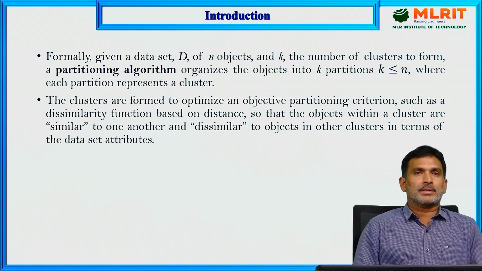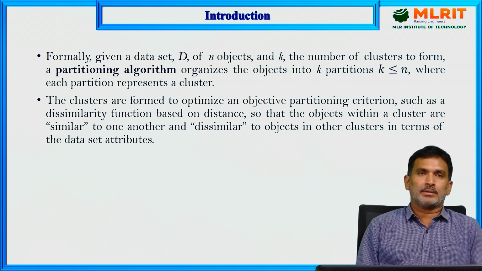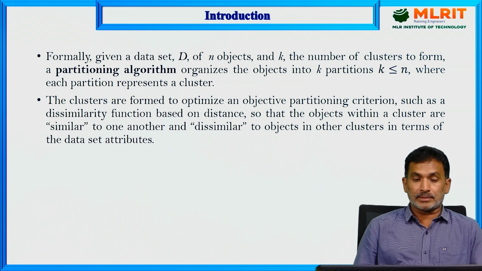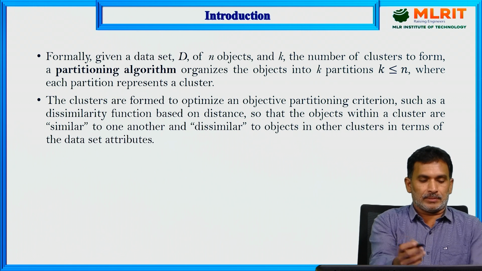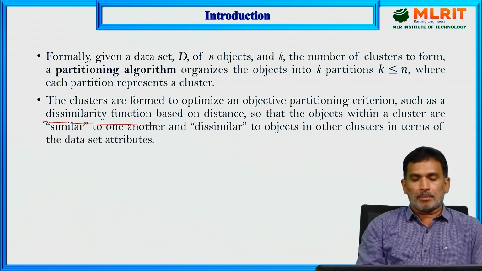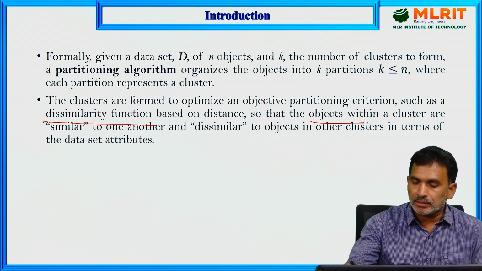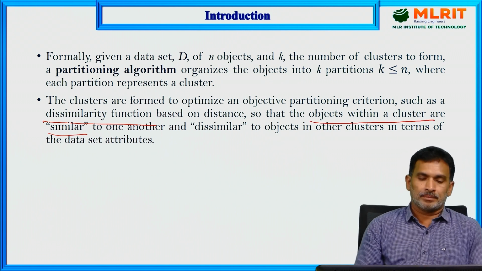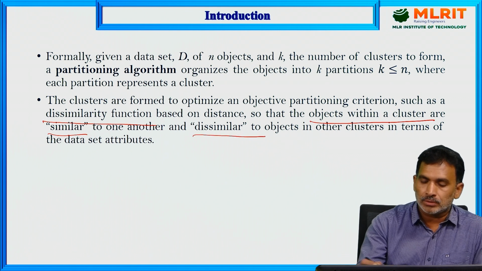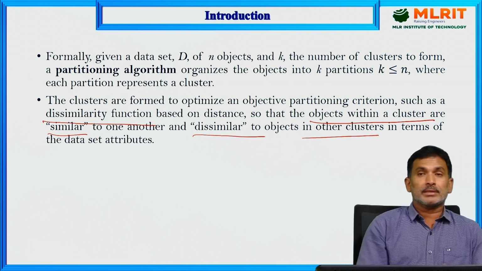The clusters are formed to optimize an objective partitioning criterion. What is the objective partitioning criterion? As I said, it is very important. That is a dissimilarity function based on distance, so that the objects within a cluster are similar to one another and dissimilar to objects in other clusters in terms of the data set attributes.